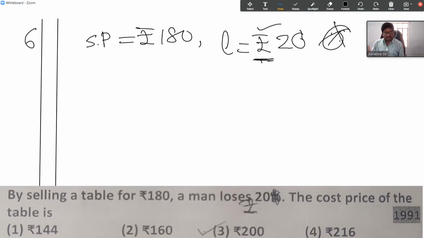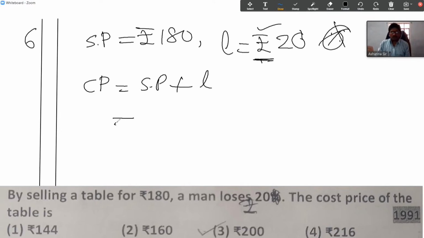So cost price is equal to selling price plus loss. Selling price 180, loss of 20 rupees. So cost price 200 rupees.